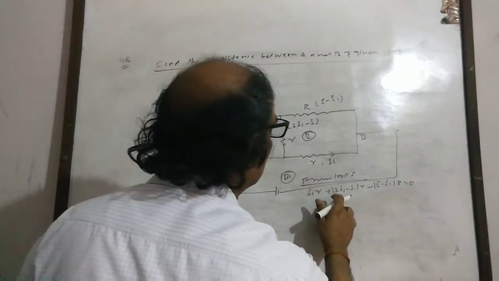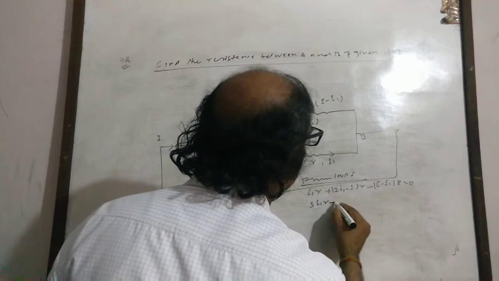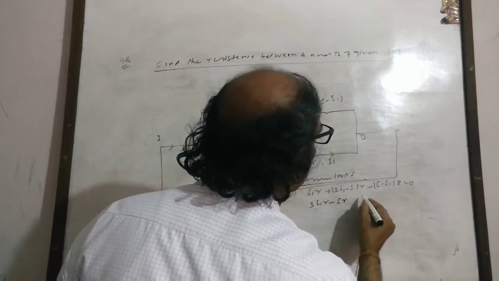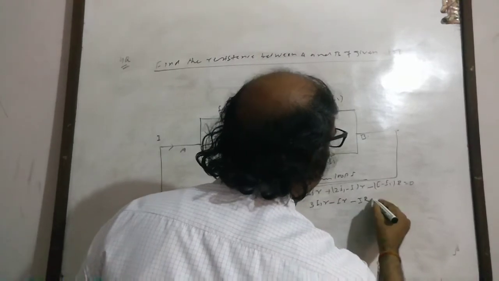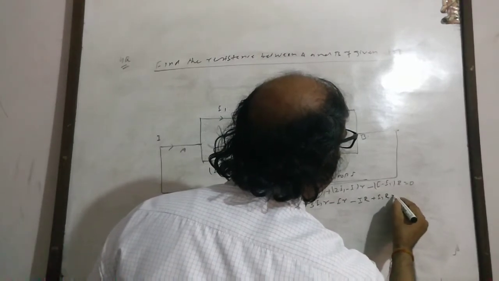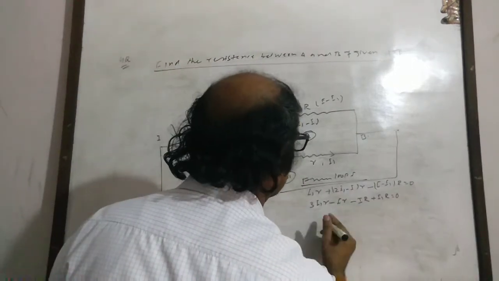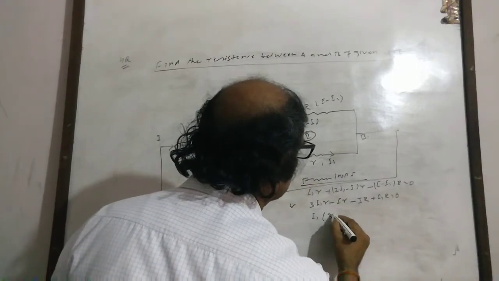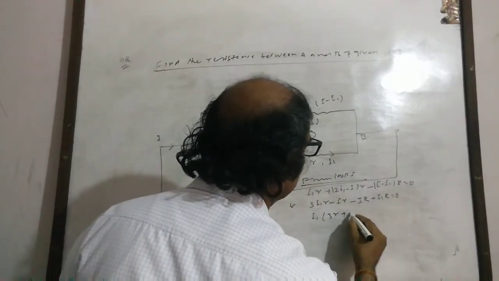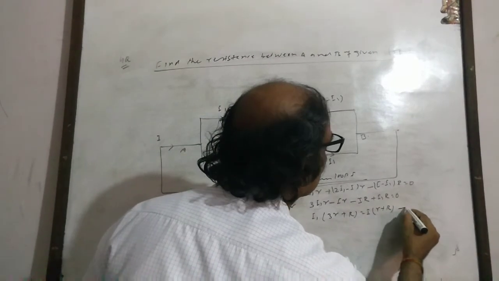And now 3I1R minus IR minus I capital R and plus I1R equal to 0. So here I1 and I1, so I1 equal to IR plus R by 3R plus capital R, and this is equation number 1.